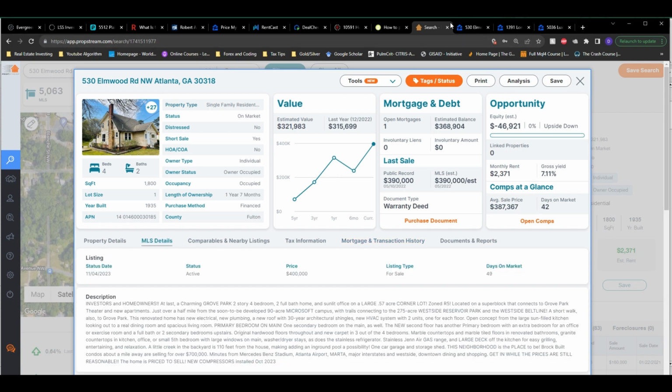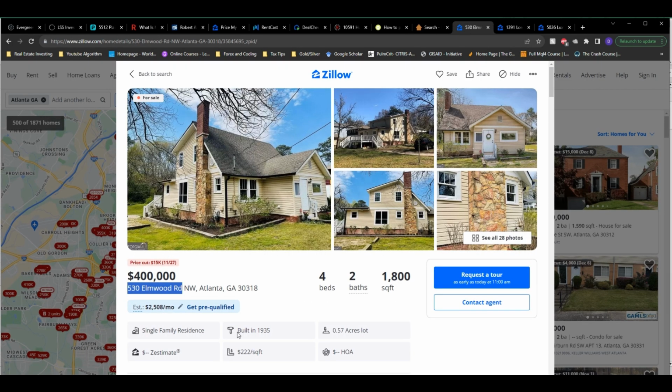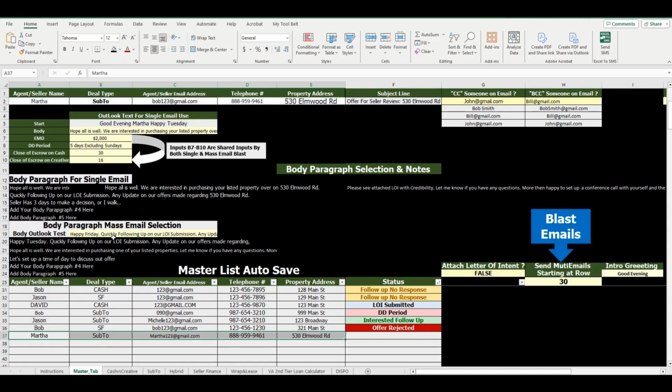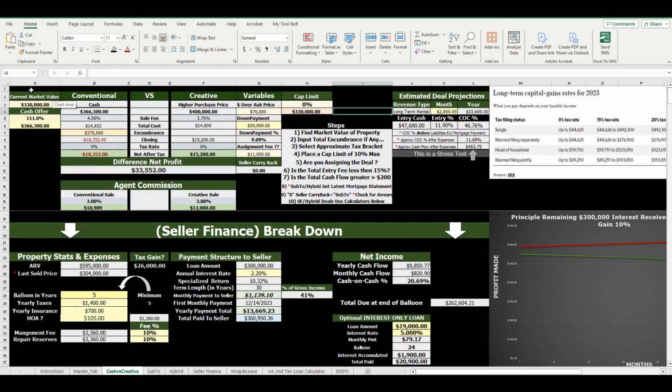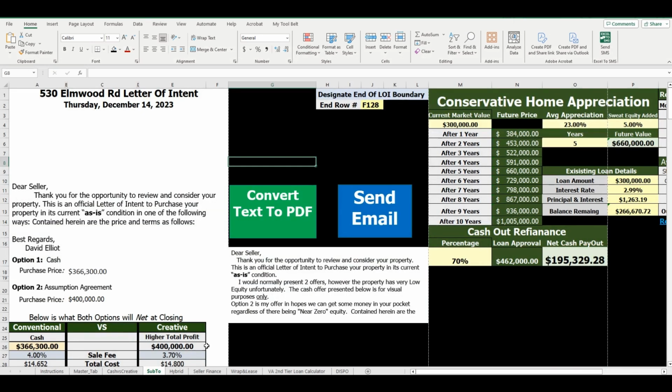So now that we have the rental value, we have the market value, we've plugged in all of our inputs here. Now we can actually send out our LOI. Before sending out our LOI, double check that everything here is according to your standards. We'll head on over to the Sub 2 tab below.